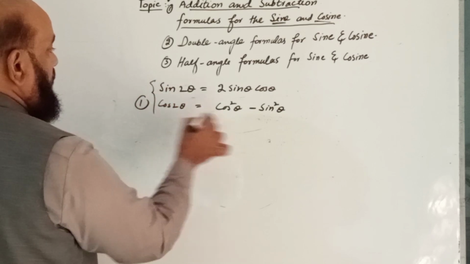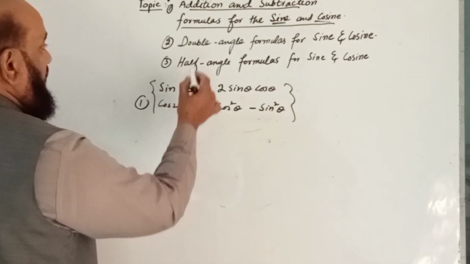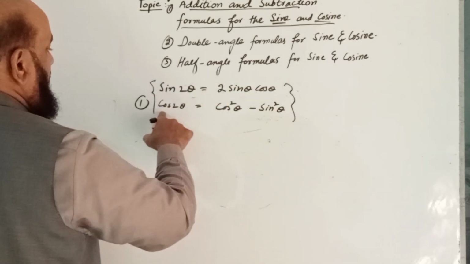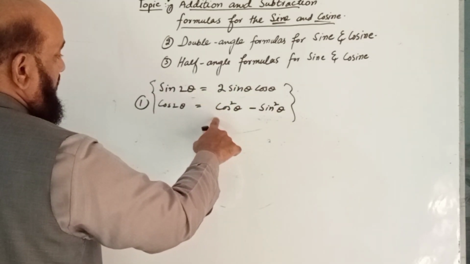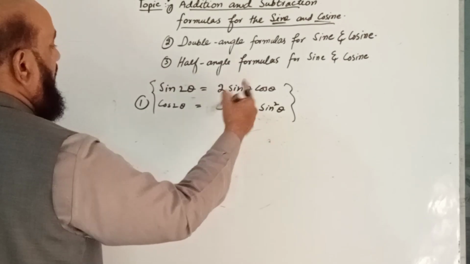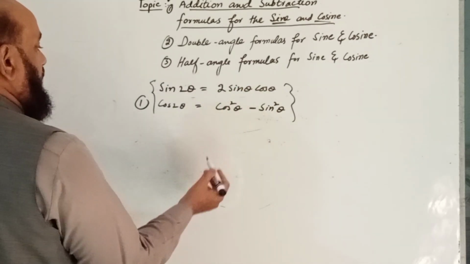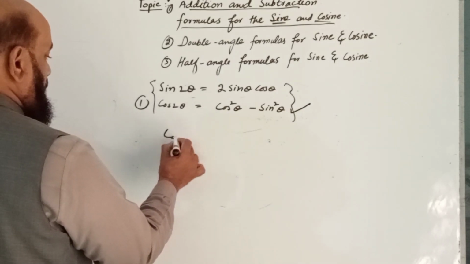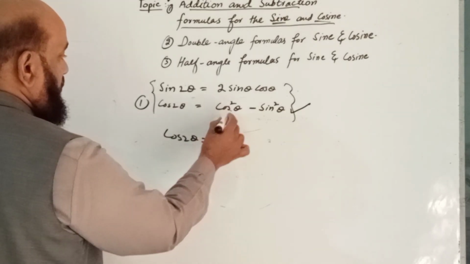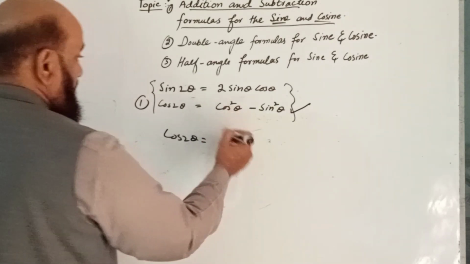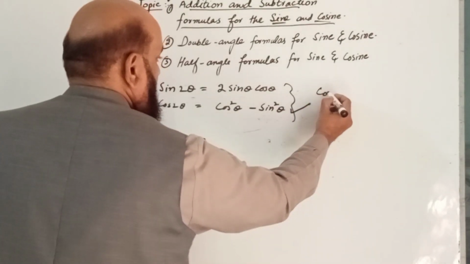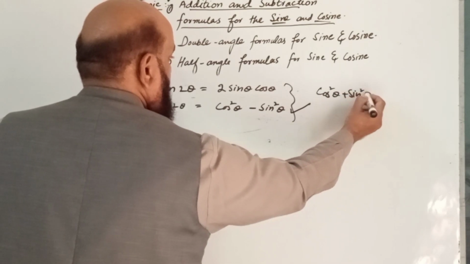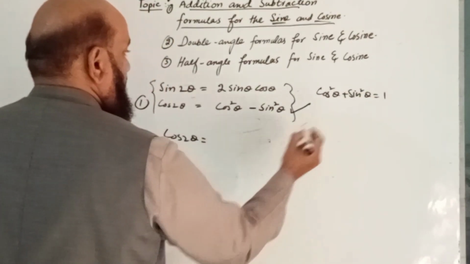Basically, these are the two double angle formulas for sin and cosine. Sin 2 theta is 2 sin theta cos theta, whereas cos 2 theta is cos square theta minus sin square theta. We can derive further formulas from that one. We know that cos square theta plus sin square theta is equal to 1.